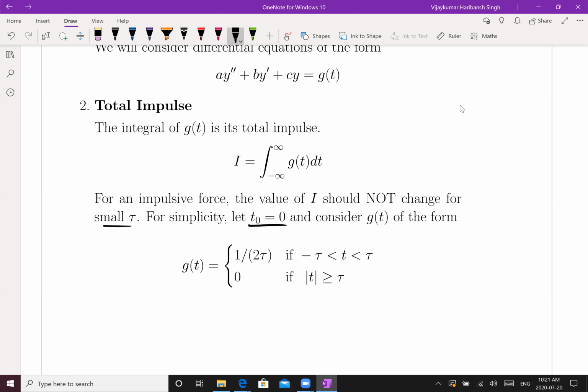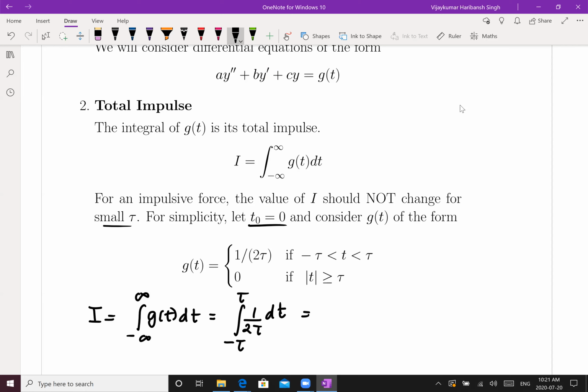So my total impulse is going to be the integral from minus infinity to infinity of g of t dt, because that's the area under the curve. This is going to be the integral from minus tau to tau of 1 by 2 tau dt.